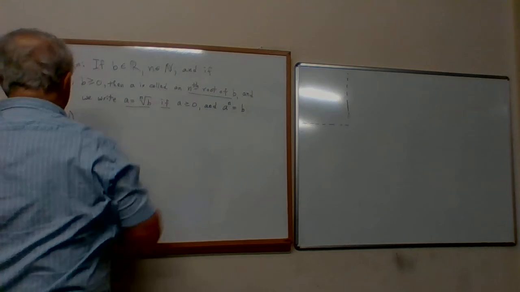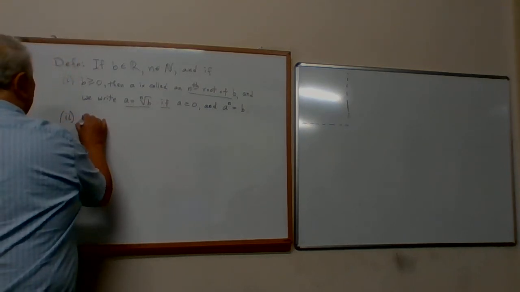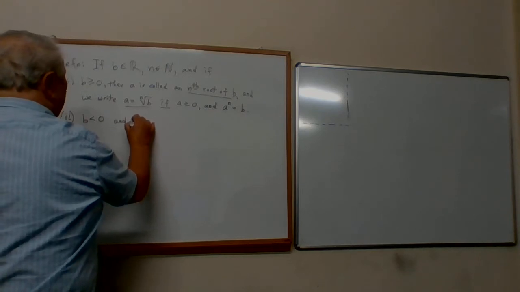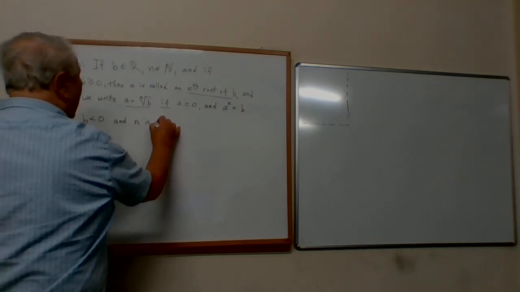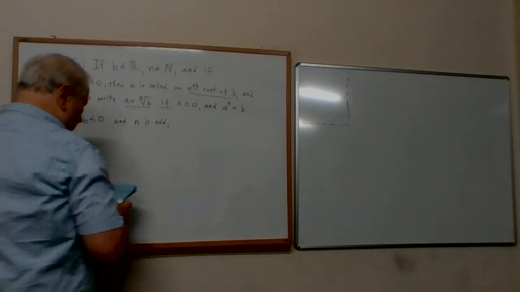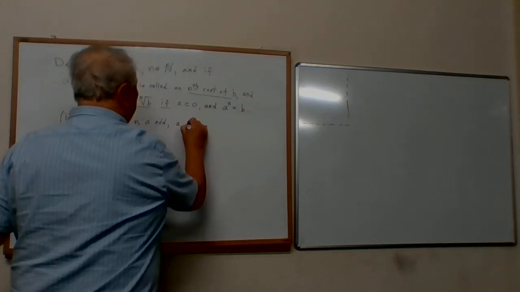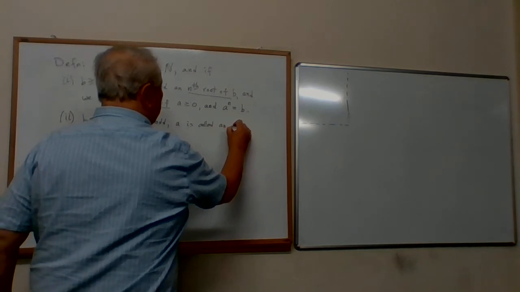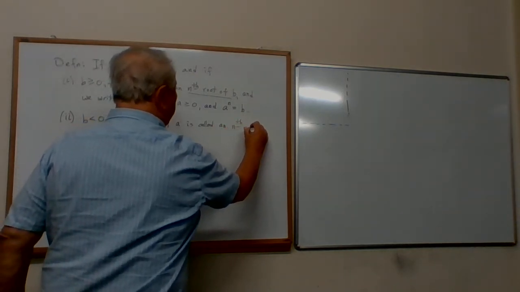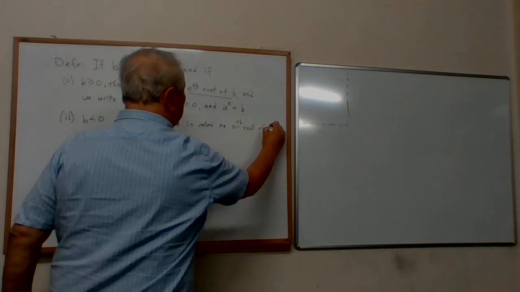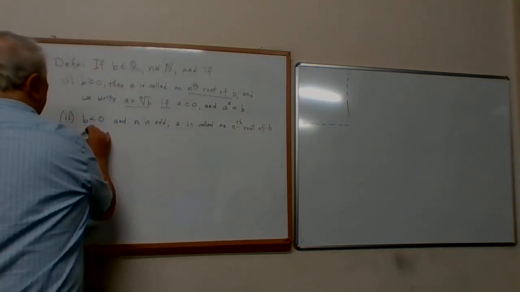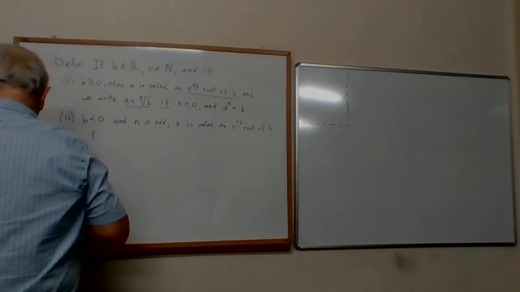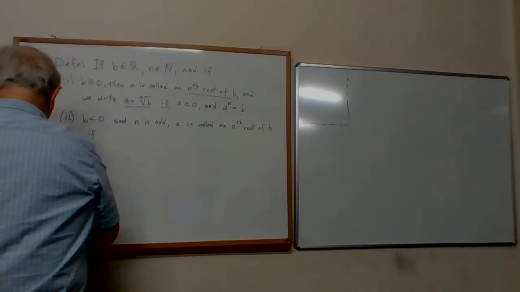Now our if still holds here. If b is less than 0 and n is odd, a is called an nth root of b, and what requirements do I have here?